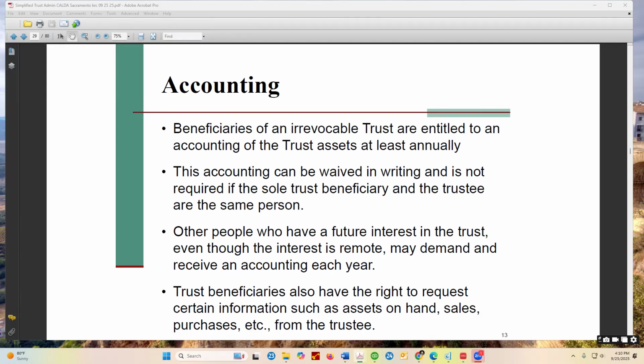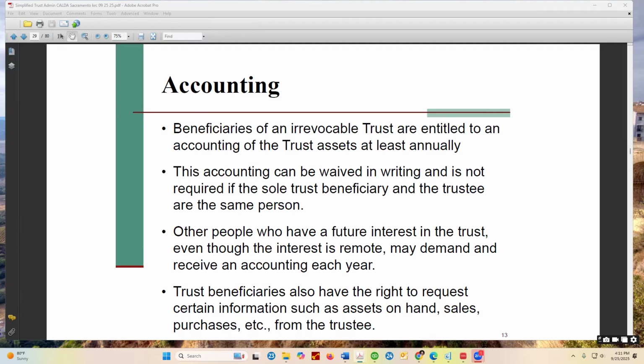In a probate, you have no choice. You must do a fiduciary accounting every year the probate is opened, and the judge can approve your work.